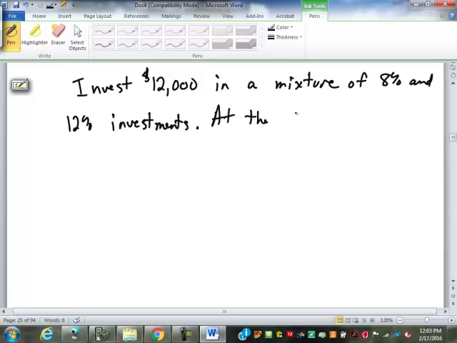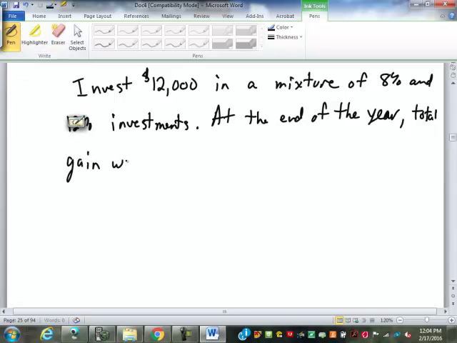At the end of the year, the total gain was $1,080. How much was in each investment?